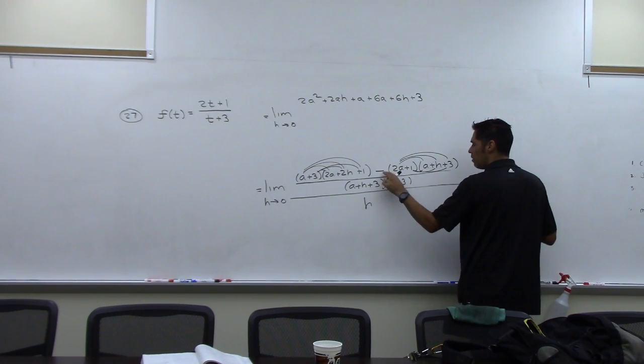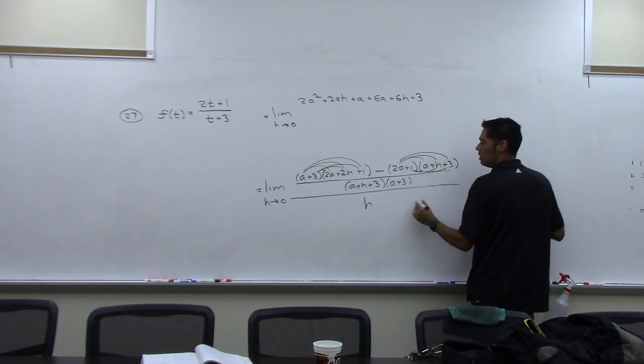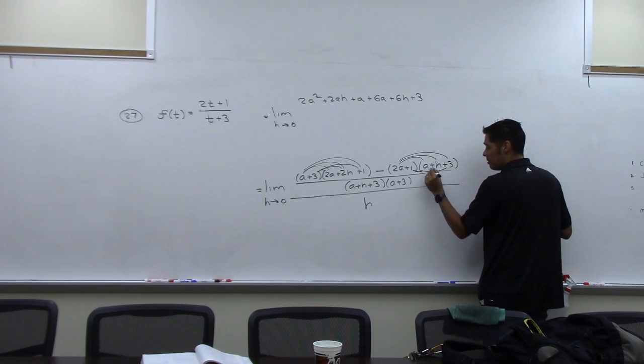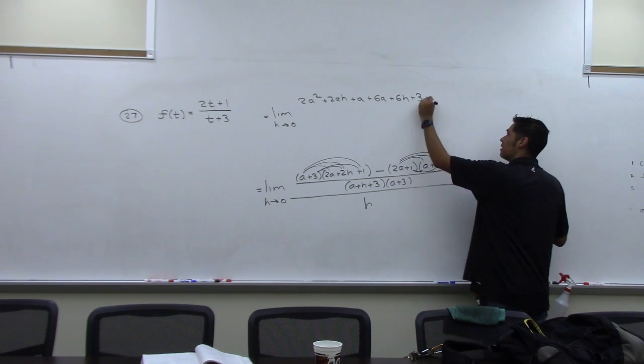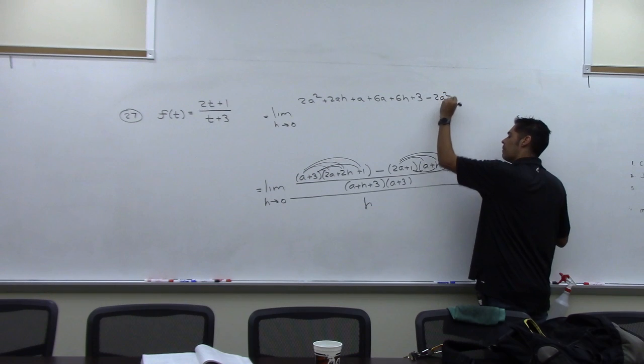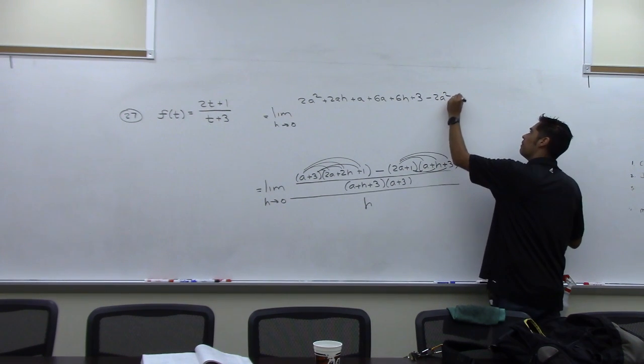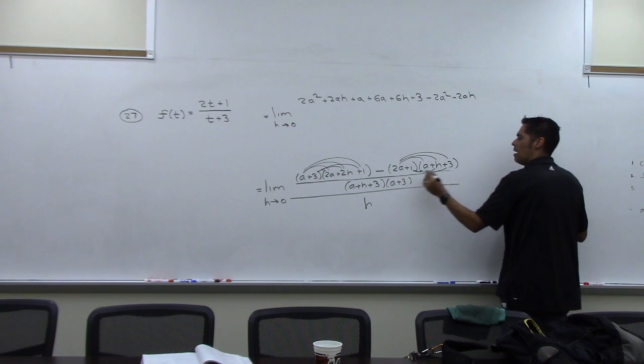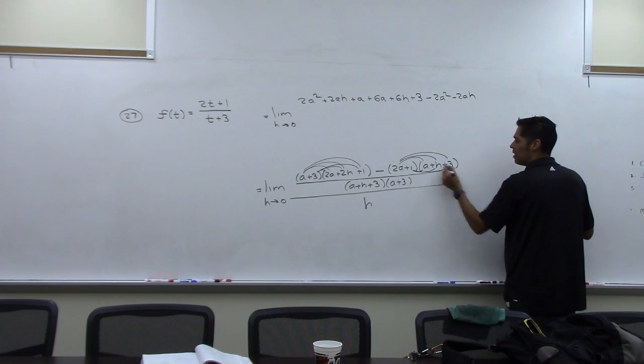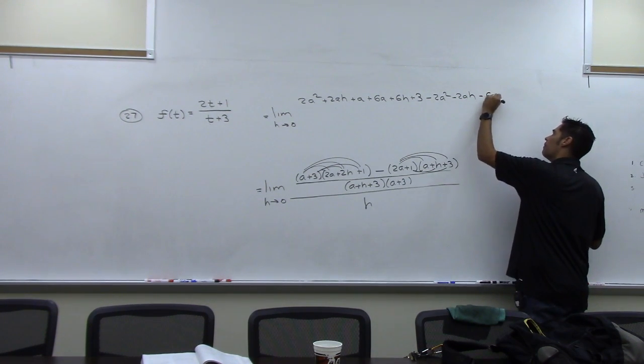So every single one of these, I'm going to change the signs. So 2a times a is 2a squared, but I'm subtracting it. Then 2a times h is 2ah, but I'm subtracting it. And then 2a times 3 is 6a, but I'm subtracting it.